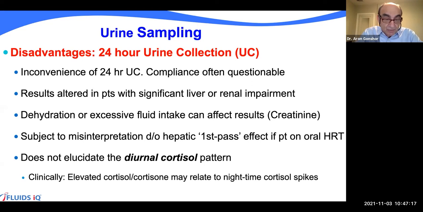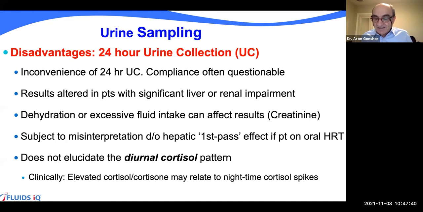There's another major problem, and that is fundamentally misinterpreting the results due to the liver function, the hepatic first pass, as it's called. In other words, if you're doing oral hormone replacement therapy, those oral therapies go through the gut, then through the liver.